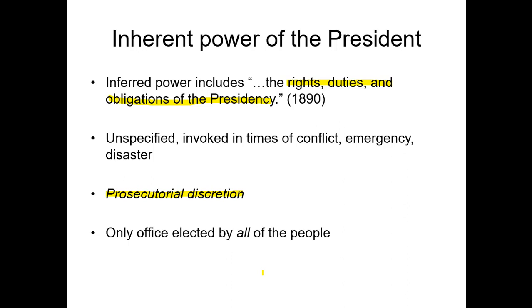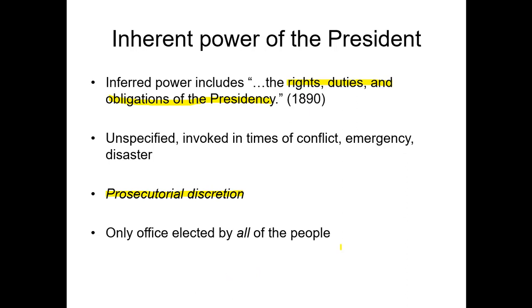Under prosecutorial discretion, President Obama instructed the Department of Homeland Security not to go after children who had been brought over here not of their own will, but by their parents. That was called the Dreamers Act, but technically it was the president saying that the Department of Homeland Security and immigration officials are not going to go after these particular individuals, and then giving them the opportunity to come forward and apply for the program.